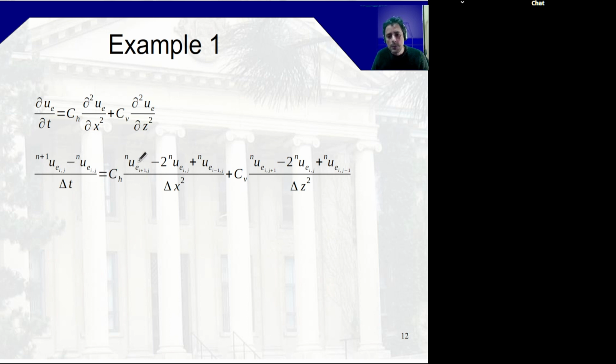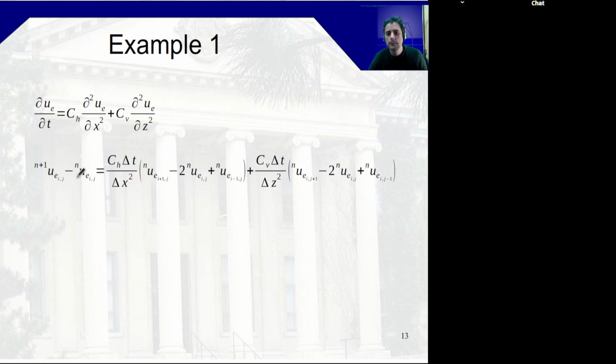We have the same formula as before. We have delta X here, delta Z there, and our horizontal and vertical coefficients of consolidation. Delta T will be unique for the problem. So if we re-express everything, delta T multiplies everything, so here we have an RH and here an RV.